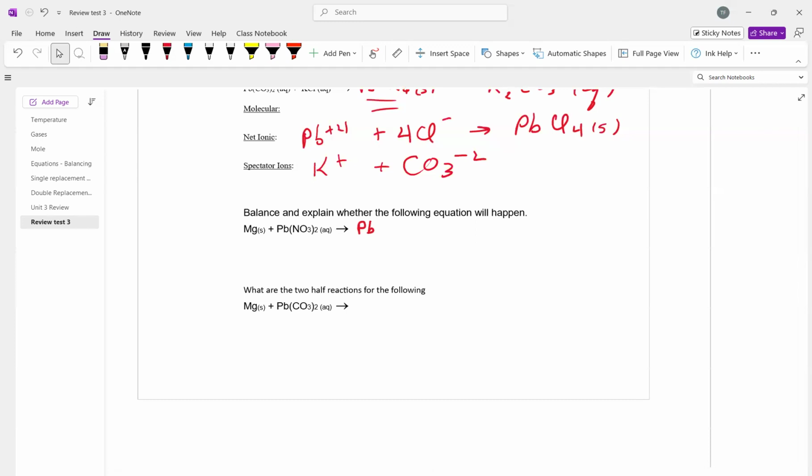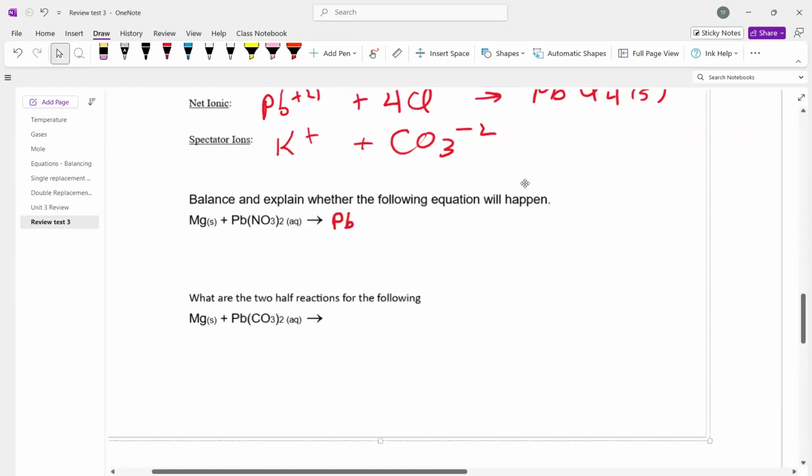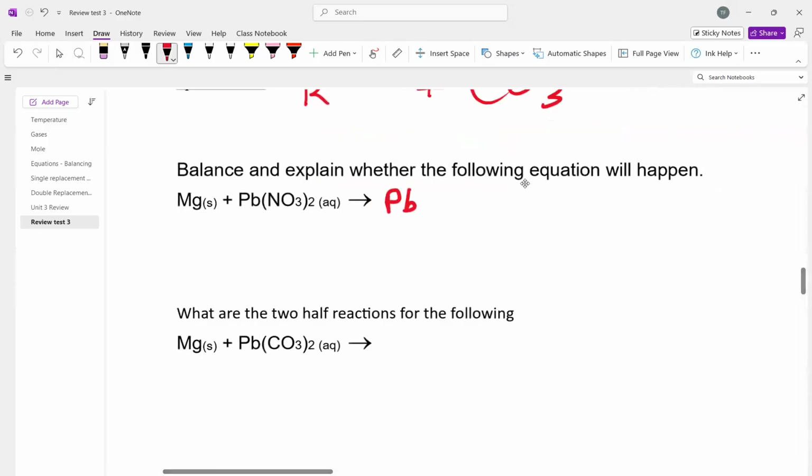That means there's a possibility that the lead will become a 0, and the magnesium is going to oxidize to the salt. Magnesium is +2. Nitrate is -1 apiece. That's why you need 2 of them to balance it.